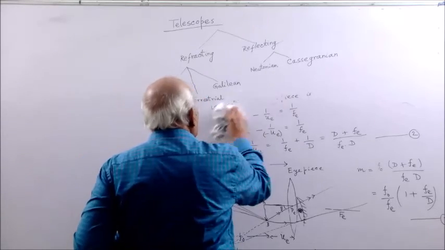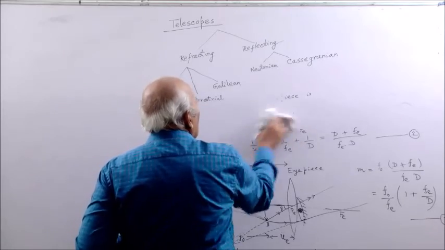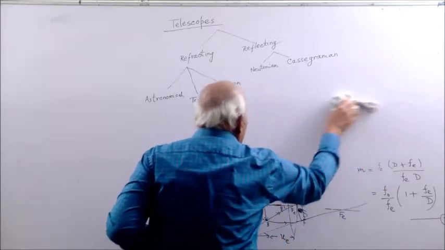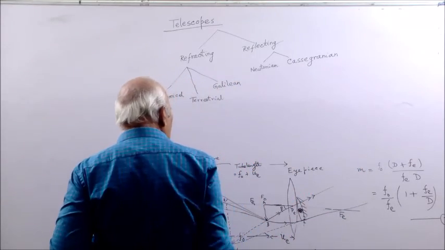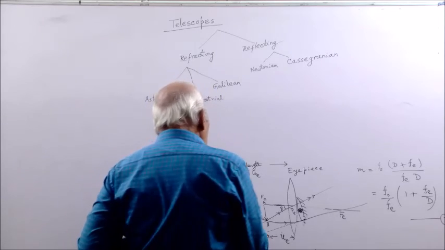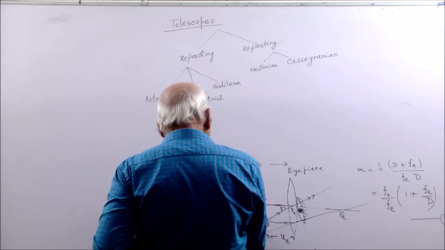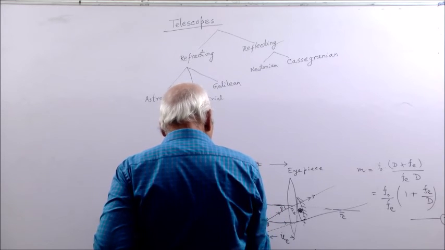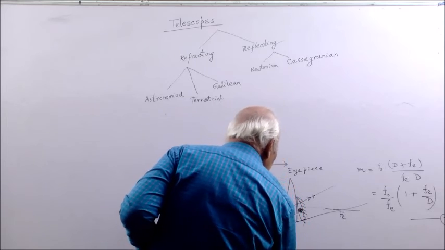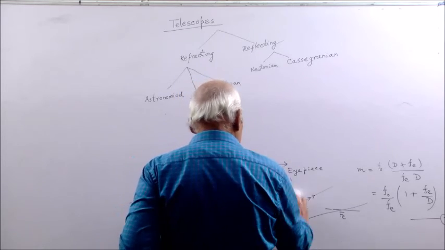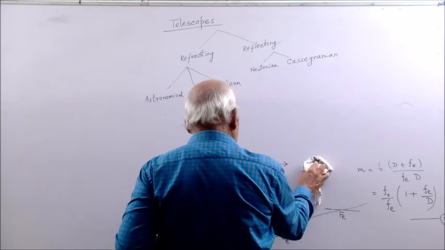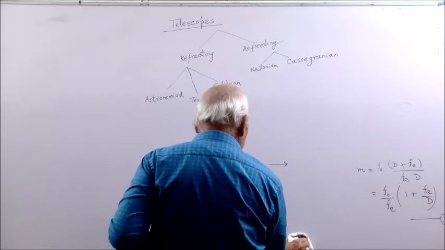Terrestrial telescope is an astronomical telescope where provision is made to make the final image erect. You see from this diagram that the final image is not erect. That is why we use another convex lens of suitable focal length to make the image erect. So, how to do that?